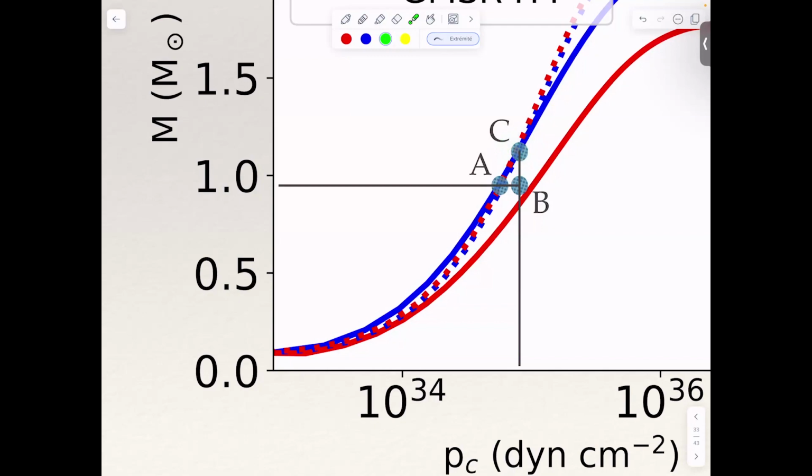And what you see is that at C you have a mass which is larger than at A. And you cannot create mass.